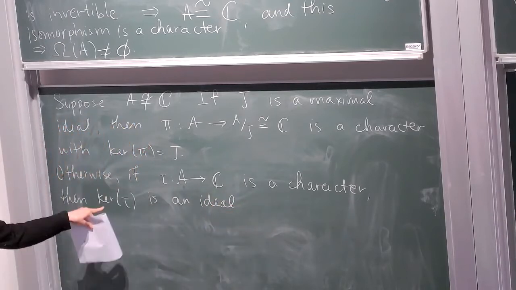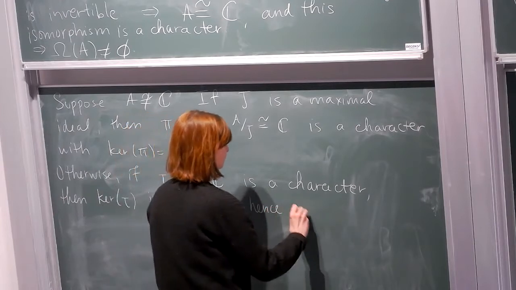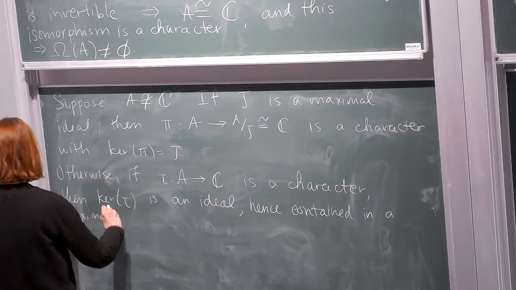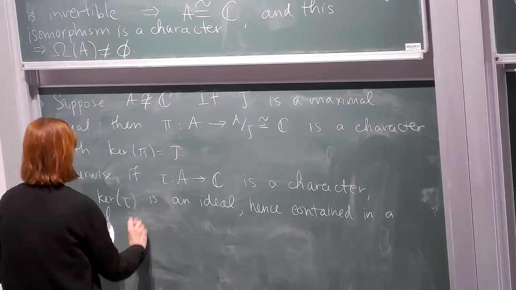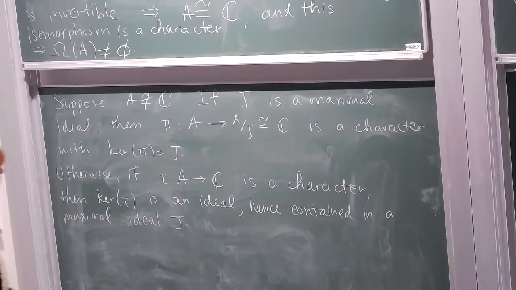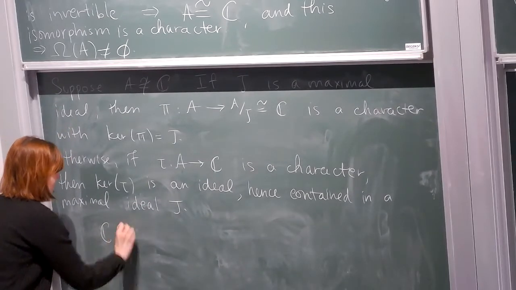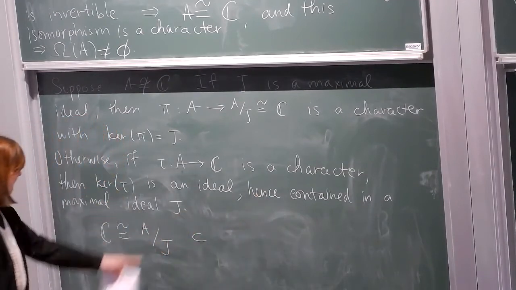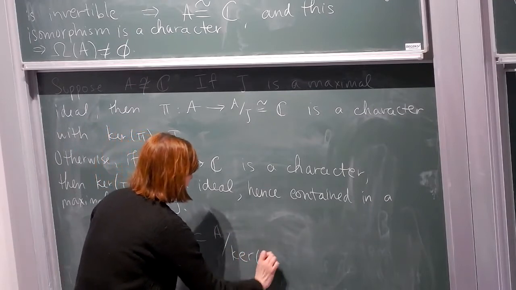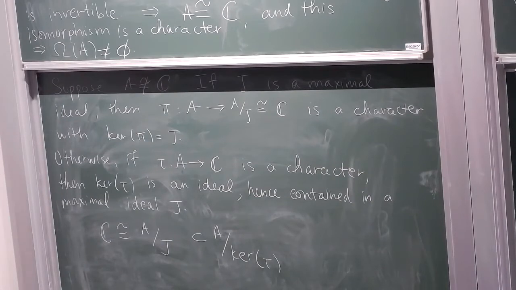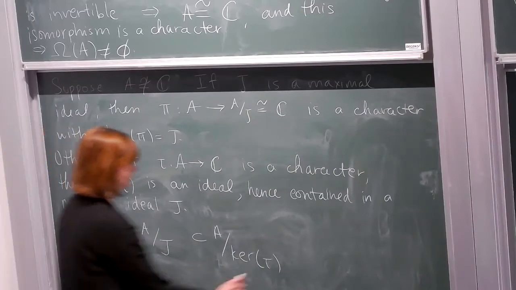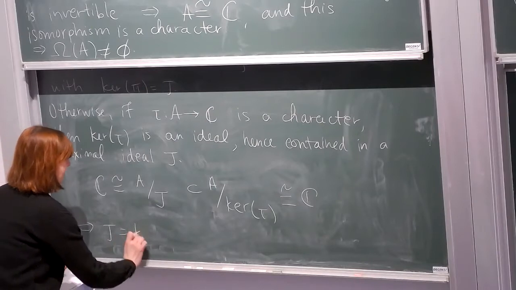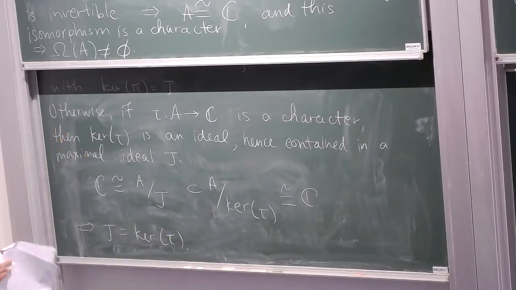And again, since we're in the unital setting, we know that this has to be contained in a maximal ideal J. So J is maximal, so we get that the complex numbers are isomorphic to this quotient, and the kernel of tau is contained in J, so we get that this is contained in A mod the kernel of tau, but that has got to be C. Therefore, in fact, this maximal ideal is exactly the kernel of this character.